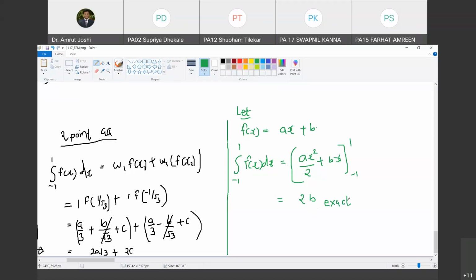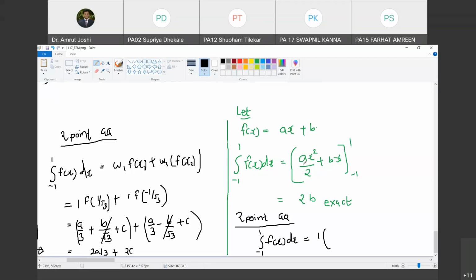Now if I try to find this by 2-point Gauss quadrature, happy? 2-point Gauss quadrature. So now tell me, what will it be? Integration -1 to 1 f of x dx. Now I'll take a little liberty, I am not going to write every step. It is w1 into f of x1, where x1 is 1 by root 3.